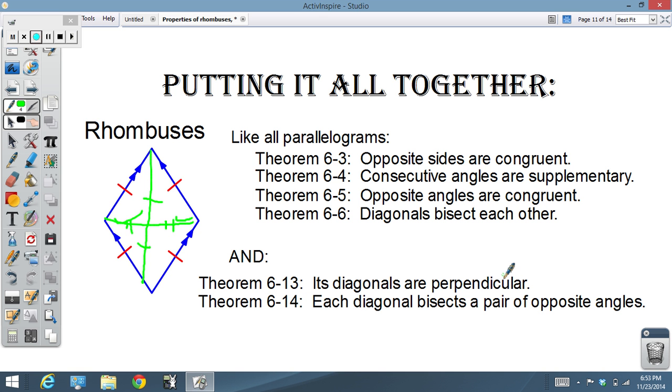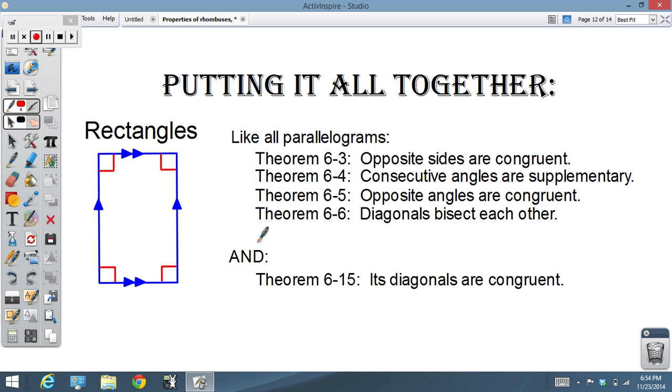But particular to rhombuses, diagonals are perpendicular, right? And each diagonal bisects sets of congruent opposite angles. Okay? Rectangles, like all parallelograms, have the same things true, but in addition, diagonals are congruent.